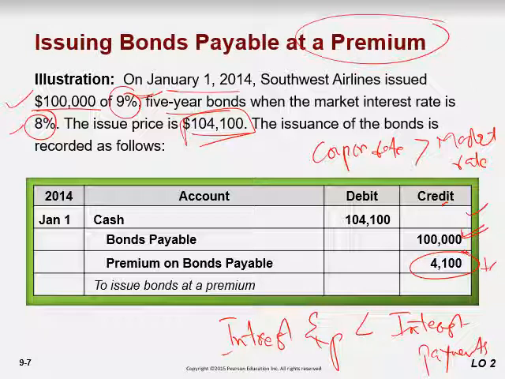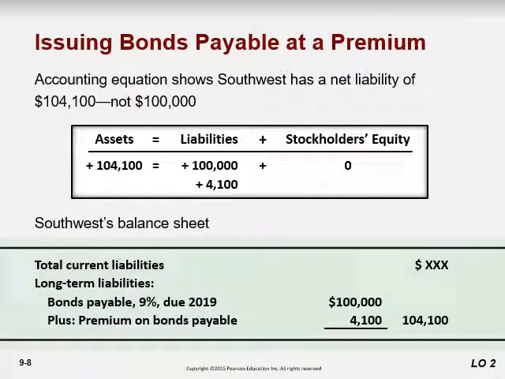Because the value of the bond must be equal to the maturity value at the end of 5 years, right? It starts to decrease. In case of discount, it has to increase to the maturity value. So the accounting equation is not disturbed.